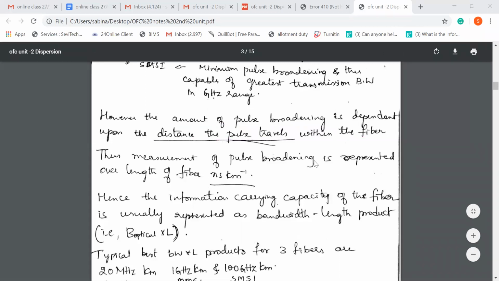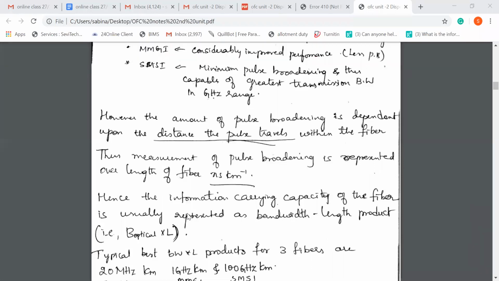The information carrying capacity of the fiber is usually represented as the bandwidth length product. This is very important: how much information your fiber optics can carry. It is represented as bandwidth into length, B optical into L. You have to remember that.